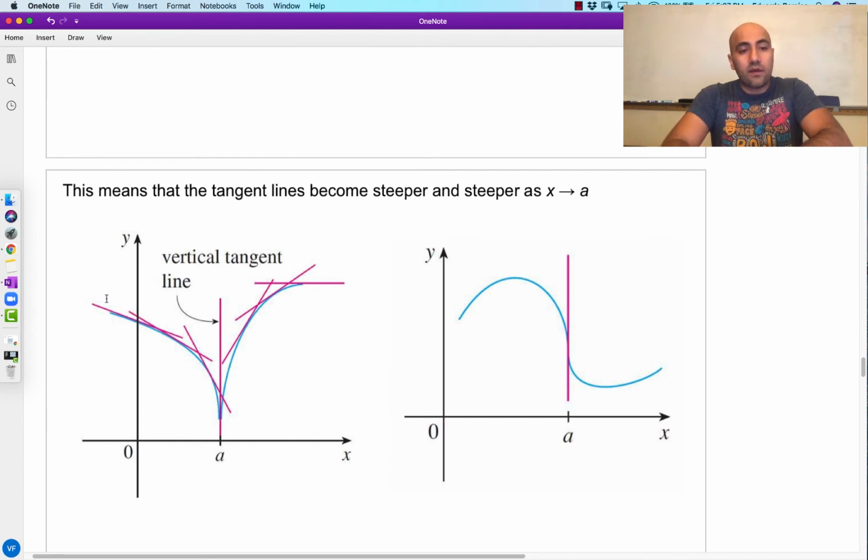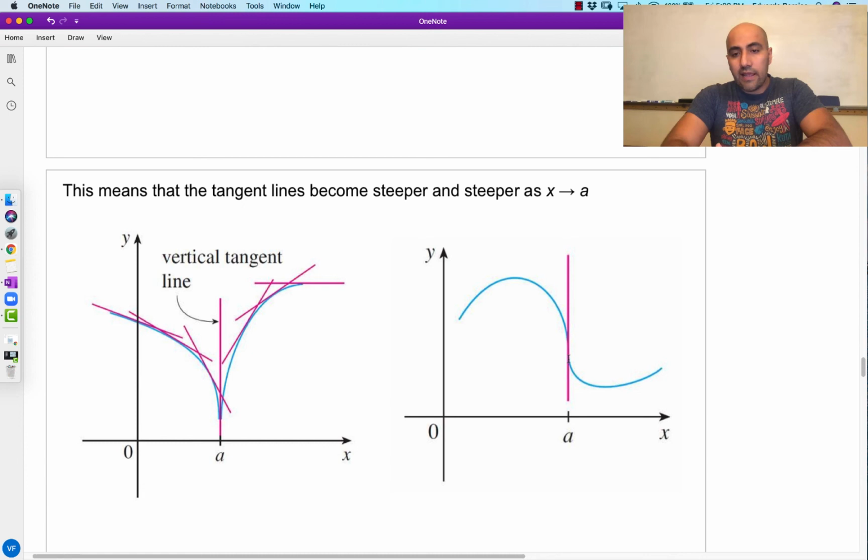The slopes of these red tangent lines in this direction are going infinitely negative, and then over here they're going infinitely toward the positive. The slopes of these tangent lines are becoming infinitely large as x approaches a from either side. So there's a vertical asymptote there, and that will be a place where the graph is not differentiable.